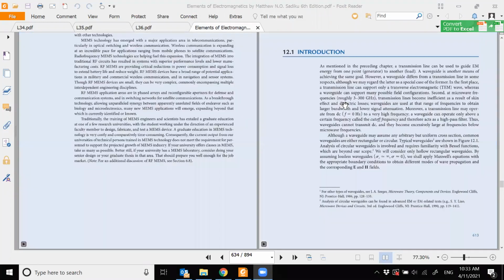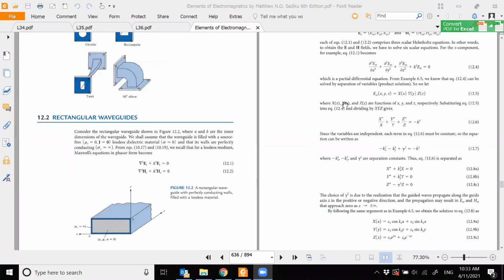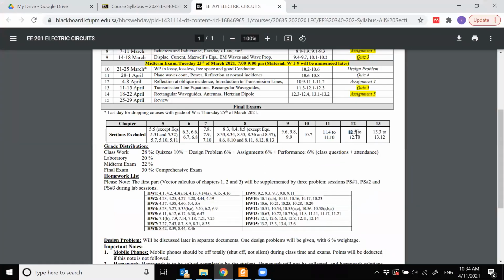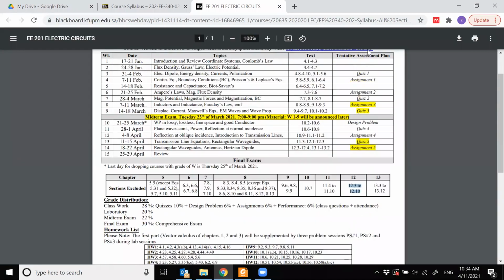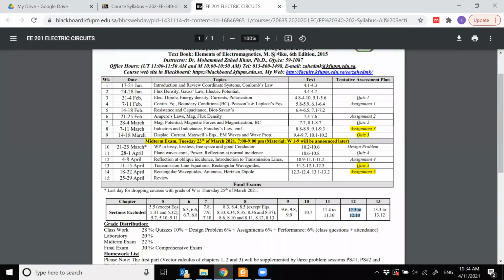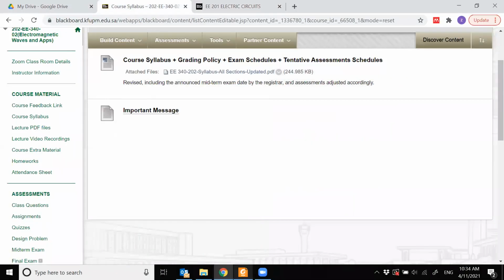And again, here we will not be covering all the sections. You will see here that the sections 12.5 to 12.10 are removed, so we will just take from 12.1 to 12.4. Okay, so let's start.